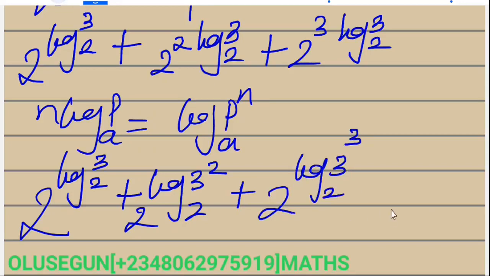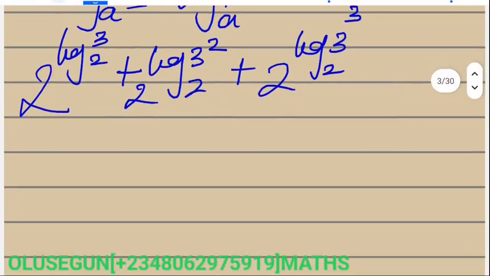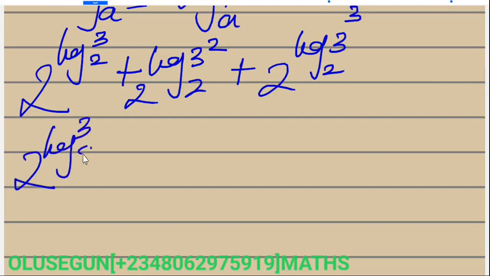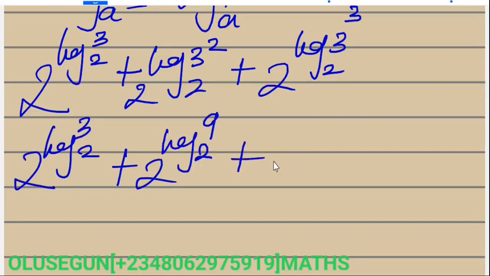So therefore, let's rewrite it: 2 raised to the power log 3 base 2, plus 2 raised to the power log 9 base 2, plus 2 raised to the power log 27 base 2.